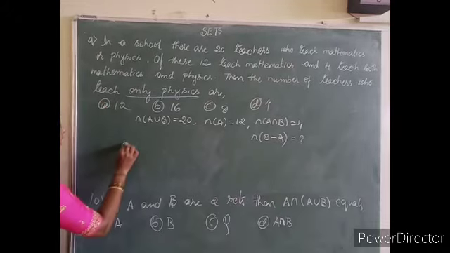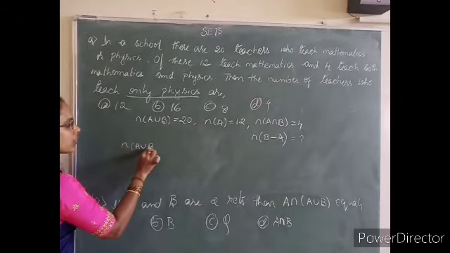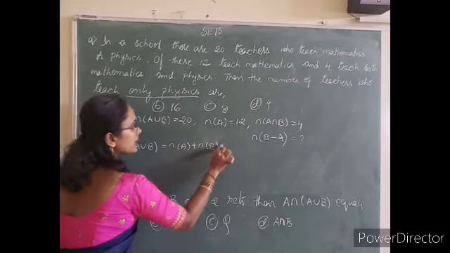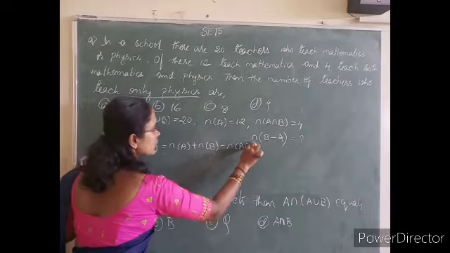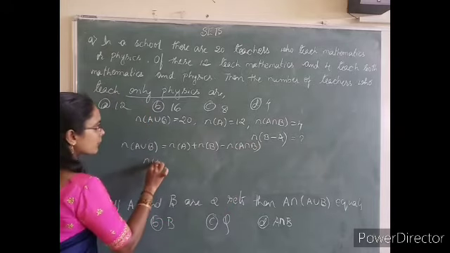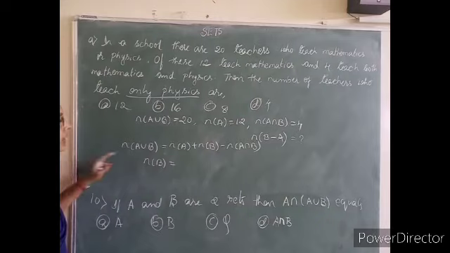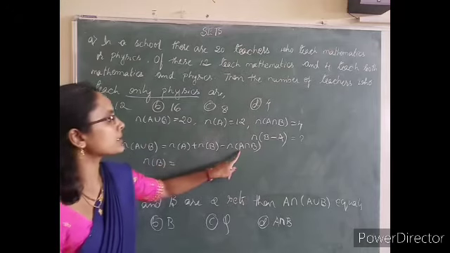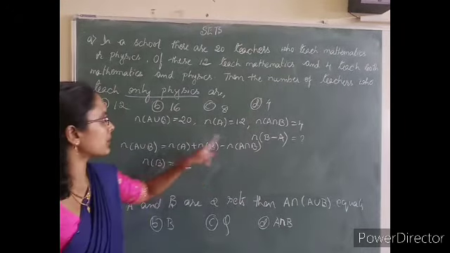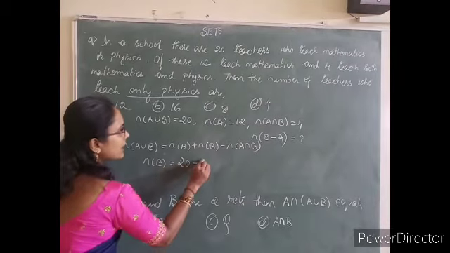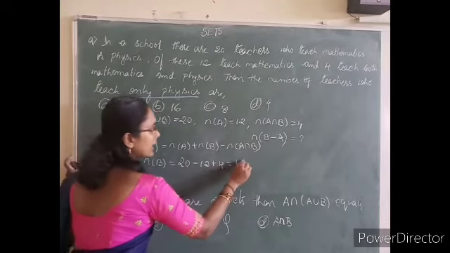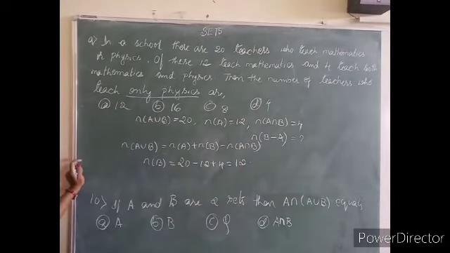You have a formula, n of A union B is equal to n of A plus n of B minus n of A intersection B. Using this, n of B can be calculated by taking the other terms to the other side. So n of B is n of A union B minus n of A plus n of A intersection B, that is 20 minus 12 plus 4. So 8 plus 4, again 12. So n of B is equal to 12.